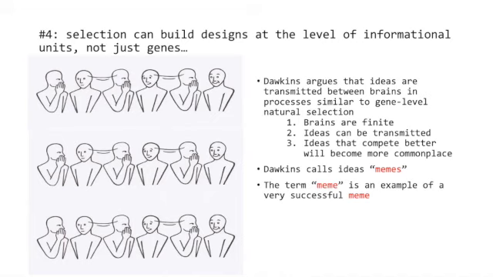There are constraints on the number of ideas that can exist within people's brains, so there's competition for ideas. And there's a principle of inheritance, in that we can transmit thoughts to each other with relatively high fidelity. The fidelity isn't perfect. Chinese whispers lead to different stories over time, but there's some retention of the information.